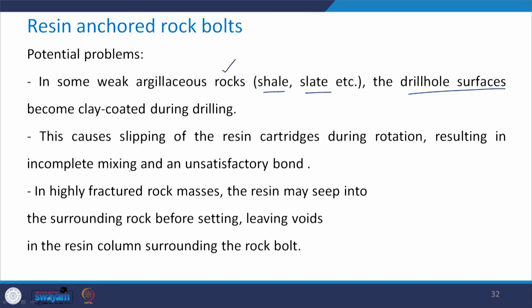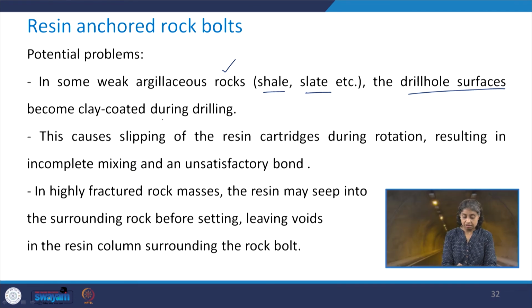In some weak argillaceous rocks such as shale and slates, the drill hole surfaces may become clay coated during drilling itself. This causes slipping of the resin cartridges during rotation, which results in incomplete mixing and an unsatisfactory bond between the bolt and the rock mass.